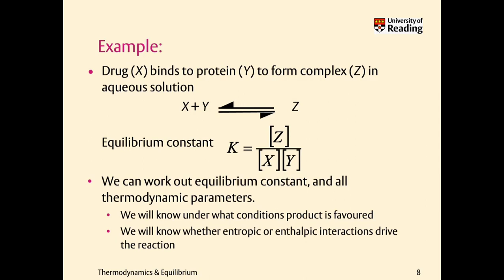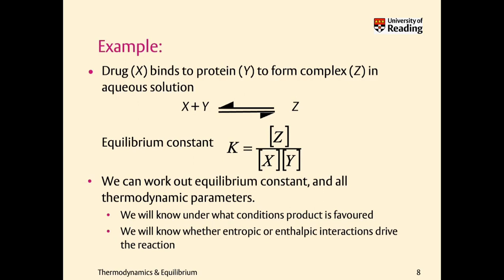Now this means that if we do the experiment at two different temperatures, we will have two different values of K, and we can work out the equilibrium constant, as I've just said, and all the thermodynamic parameters. So why do we care? Well, we will know under what conditions product is favoured, so in what conditions the complex is favoured, because we will know whether it is an entropically or enthalpically driven process.